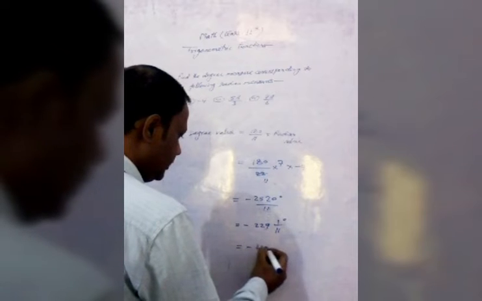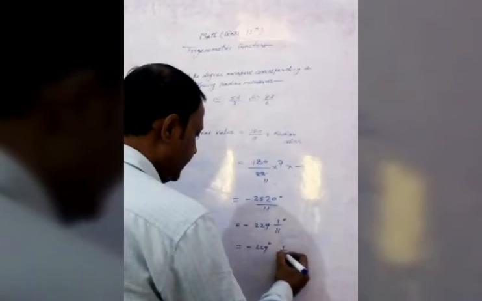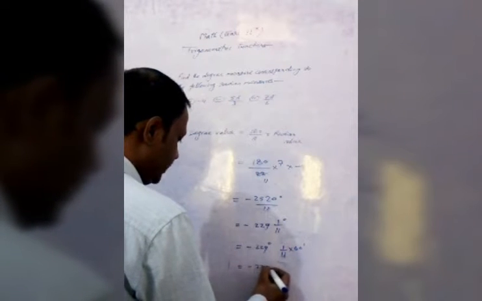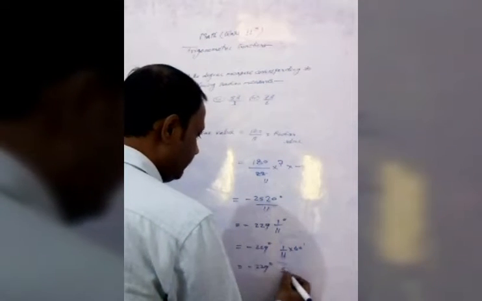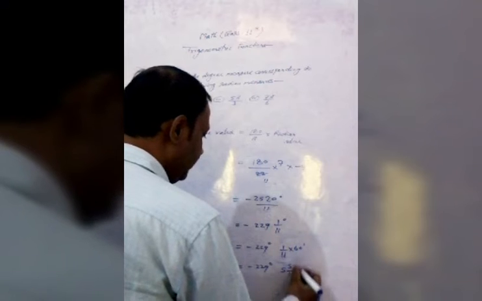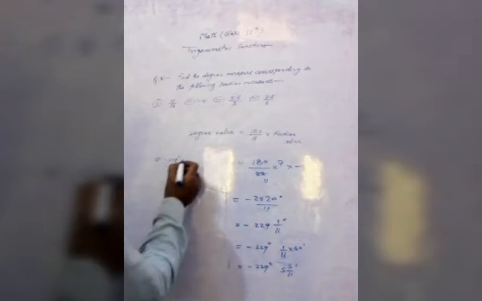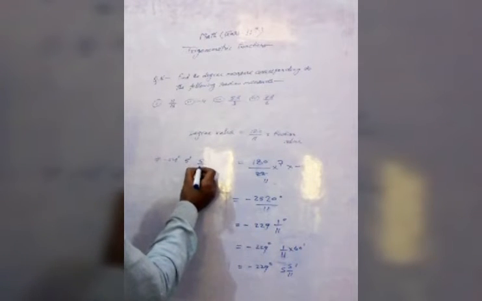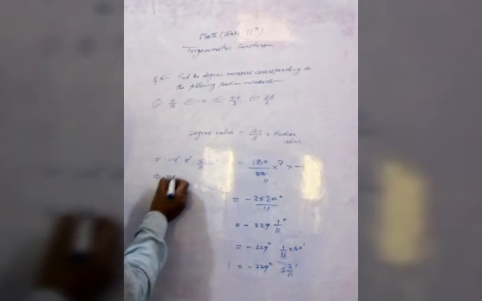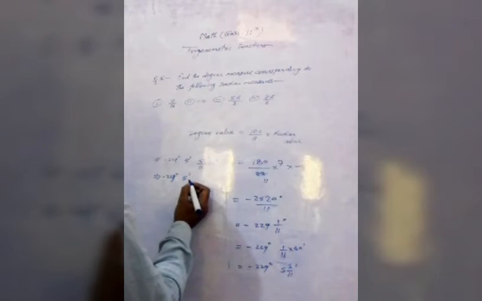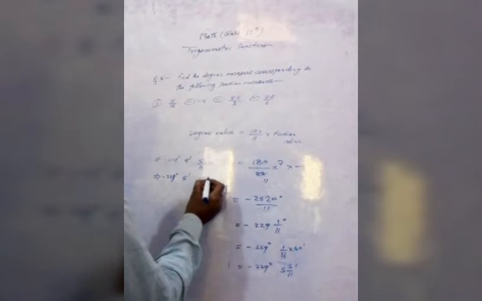That can be written as 229 degree. 1 by 11 degree is 1 by 11 into 60 minute, which is 229 degree. 11 5 is 55, 5 whole 5 by 11 minute. That can be written as minus 229 degree, 5 minute, and 5 by 11 minute is 5 by 11 into 60 second. That is minus 229 degree, 5 minute, and 11 5 is 55, near about 27 second.